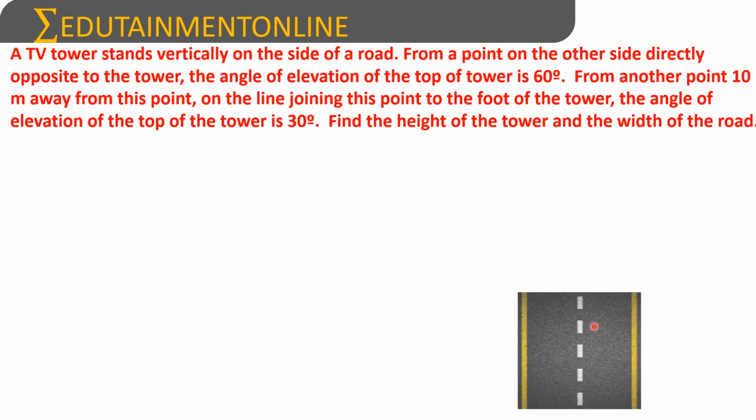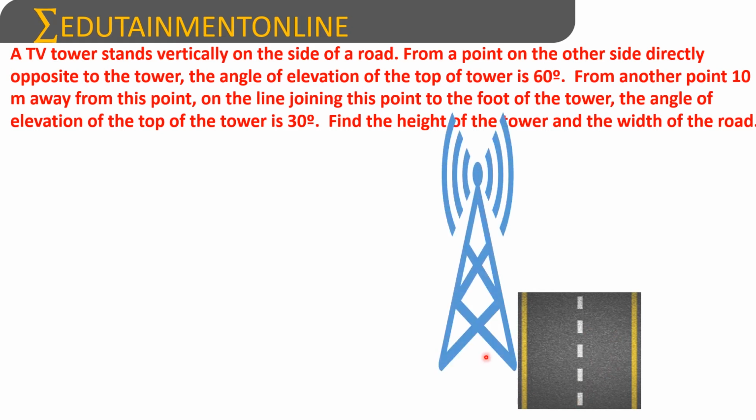Let us consider that this is the road and a tower is standing on one side of the road, and there is a point on the opposite side of the road. The angle of elevation from this point to the top of the tower is 60 degrees.